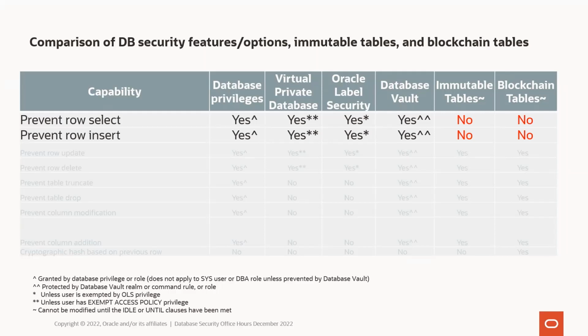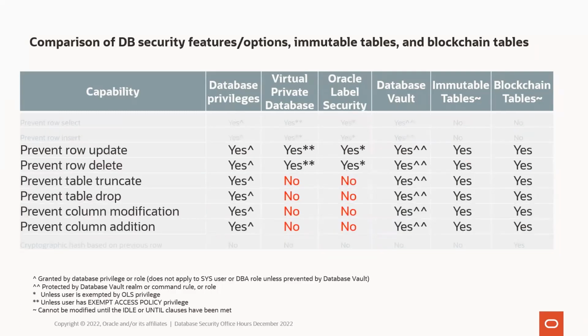Can you prevent row select and row insert? Yeah, you could do that, but that's not the purpose of immutable tables. That might be the purpose of privileges or Database Vault. Immutable tables really shine when we're talking about updates, deletes, truncates, drops, modifications, those types of things. That's not where we're going to use VPD or label security or Real Application Security. We're going to use privileges, and we're going to use Database Vault. But if we're truly saying we don't want to drop that column, we don't want to modify that row, that's when we get into immutable tables.